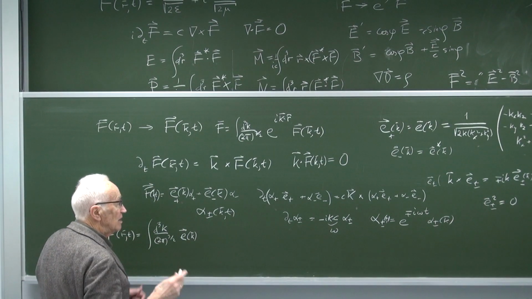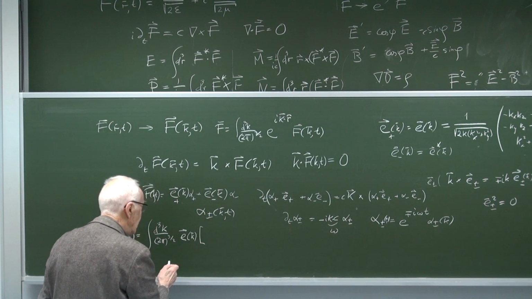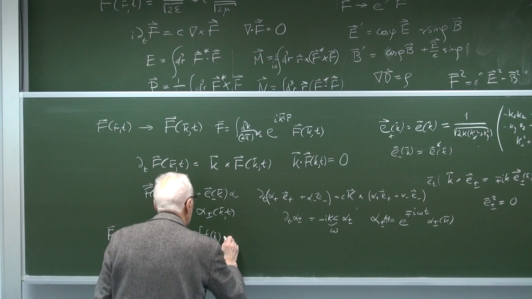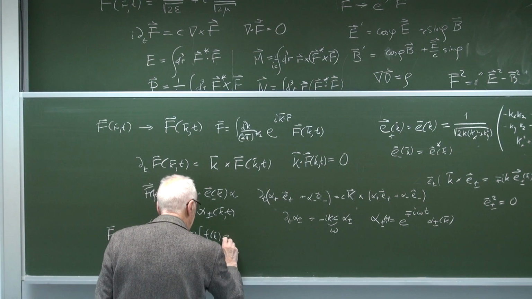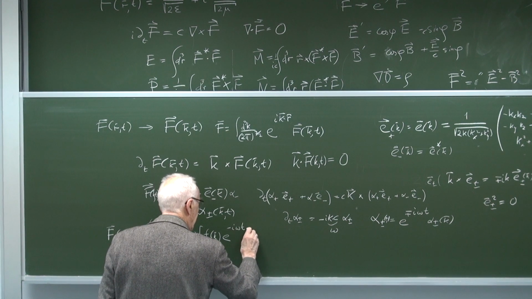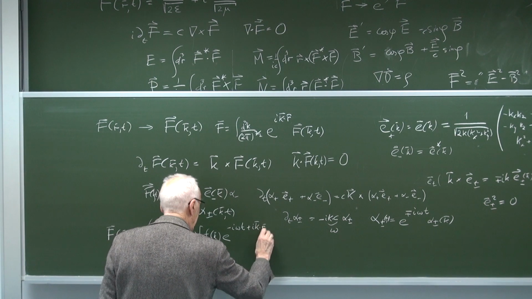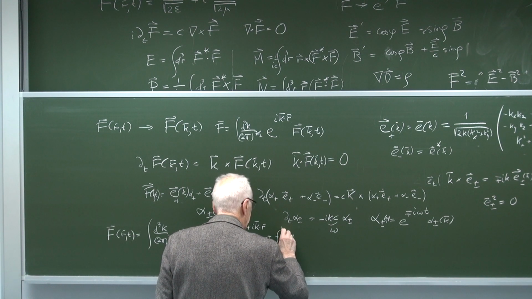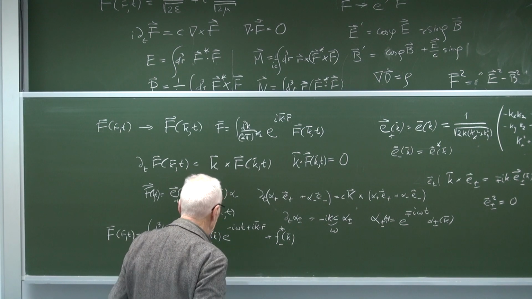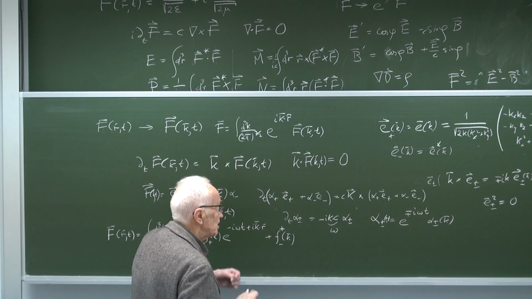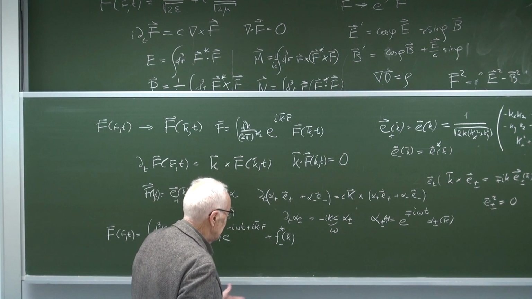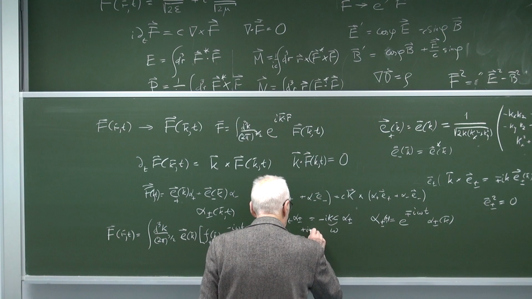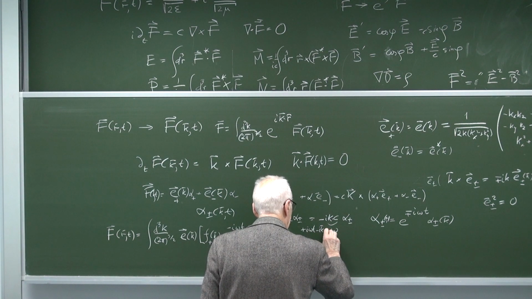Remember, we had two vectors, E plus, E minus, and I now write one vector, and here's some amplitude f plus of k, which replaces this alpha, e to the minus I omega t plus I k r, plus the second term, f minus of k, and it is convenient for our future investigations to name this complex conjugate amplitude, although at this moment it is just a matter of convention. E to the plus I omega t minus I k r.